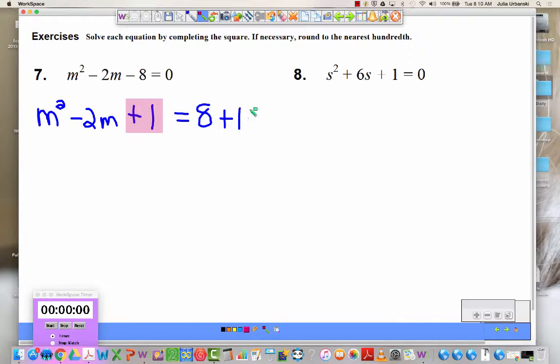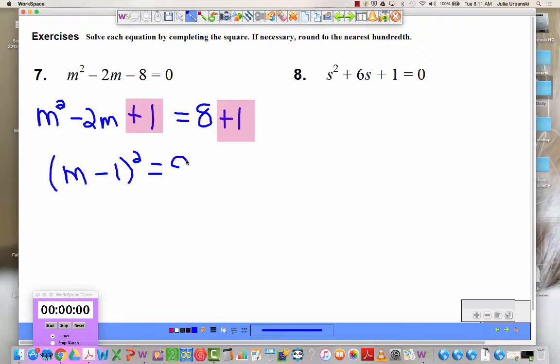You take half of the -2, that's -1, and when you square that, you get positive. All right. So tell me what to do now. -1, good. That's what I got. And then what? Square root it. Yep. When you have something squared, you can get rid of it by square rooting if it's alone.